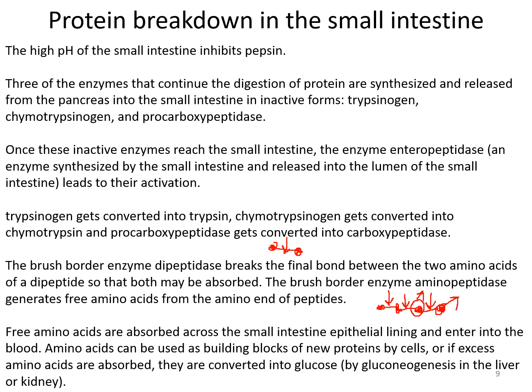But then eventually they're going to get out into our systemic system, and all of our cells have access to these amino acids, which serve as individual building blocks so that we can rebuild the proteins that we need. Alternatively, they can get converted into glucose by gluconeogenesis in the liver, kidney, if that's what our body needs.